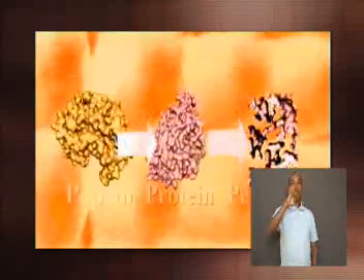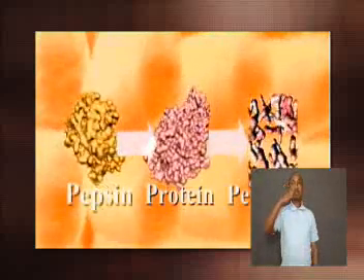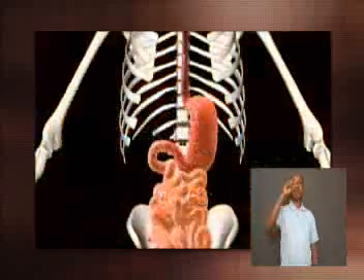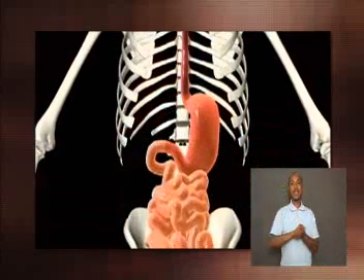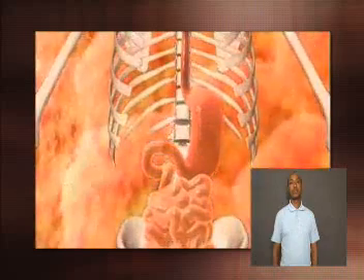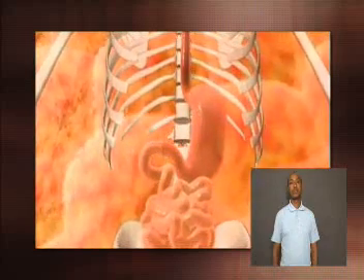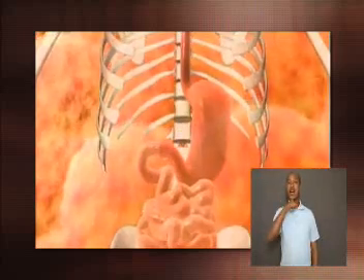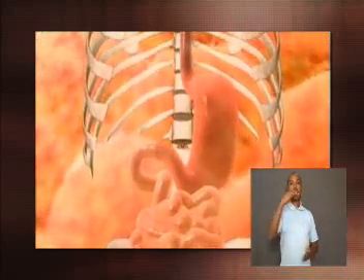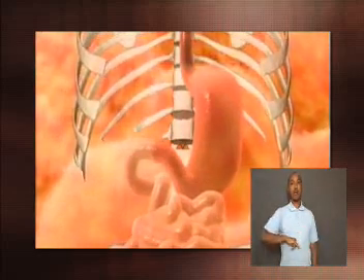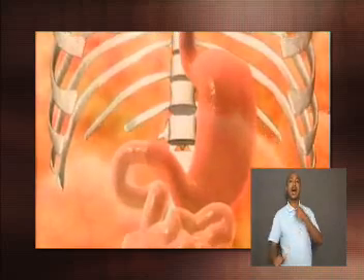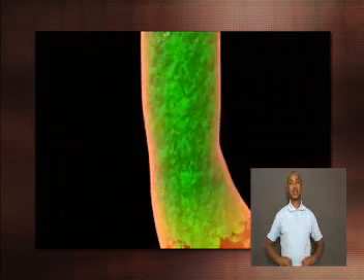It converts the pepsinogen in our gastric juices into pepsin, which helps us to digest proteins. Hydrochloric acid also maintains the pH level in our stomachs, dissolves food, and kills harmful microorganisms.